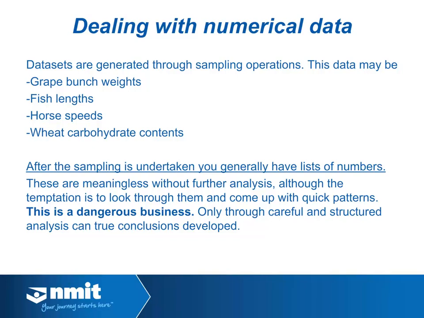You know, look, these trout are much longer than the salmon. But that is something we want to avoid, because that's when you produce spurious or casual correlations or patterns. We want to analyze it emotionlessly so that we get true patterns and tell the true story.